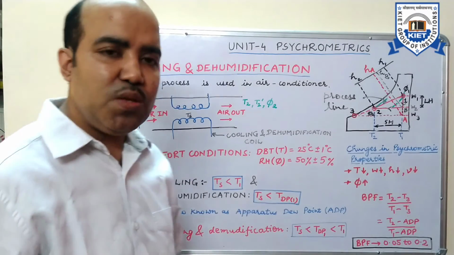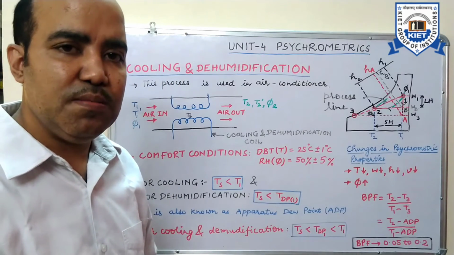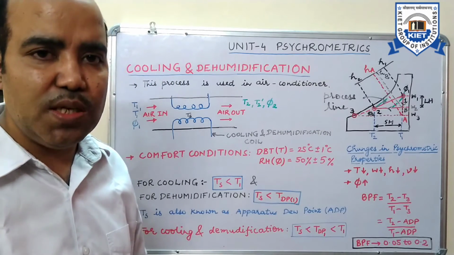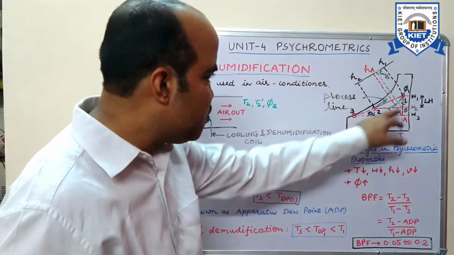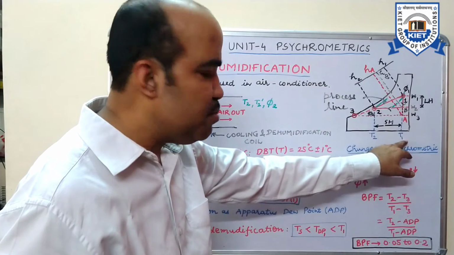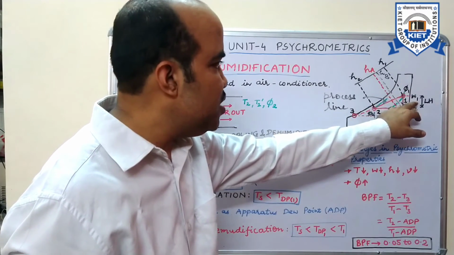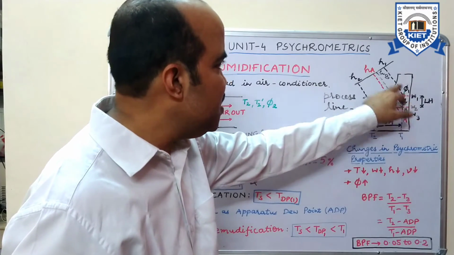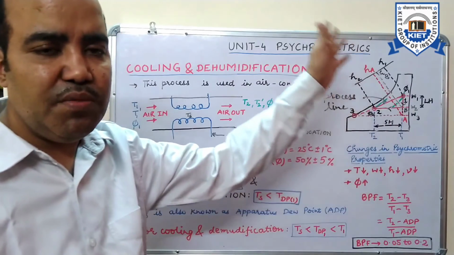Now let us look at the various changes that occur during this psychrometric process of cooling and dehumidification. At point number 1, we have dry bulb temperature T1, relative humidity phi1, specific humidity W1, enthalpy H1, and similarly the wet bulb temperature.